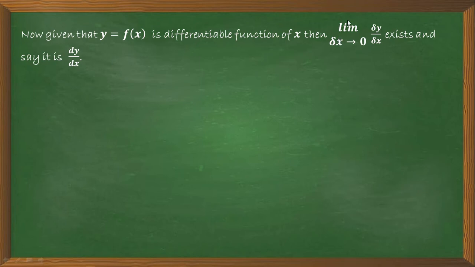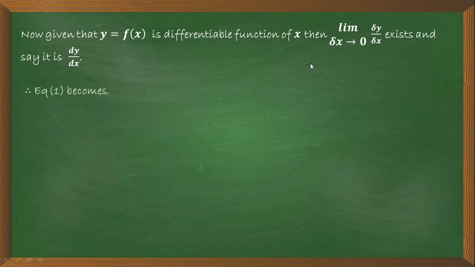So this given condition shows the existence of this limit. By Leibniz notation, this is the first principle of the derivative. So this limit exists, and if the limit exists, then it must be finite. So that's why we say it is dy by dx. In equation number 1 we will write dy by dx in place of this limit.